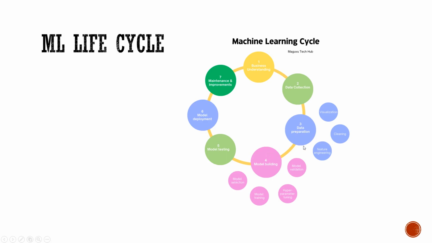At this position, the data that you have collected in stage number 3, you also want to split into a training data set and a test data set. You then want to train the model using the training data set.